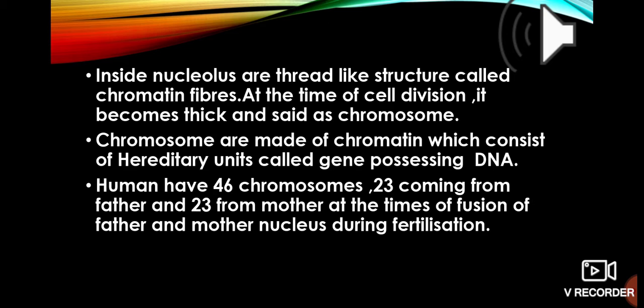If the genes had not been transferred, you might not look similar to your parents. It's because of the transfer of genes that your behavior, habits or face structure look similar to your parents. Which structure is responsible? The genes are responsible. And genes consist of DNA, that is deoxyribonucleic acid.